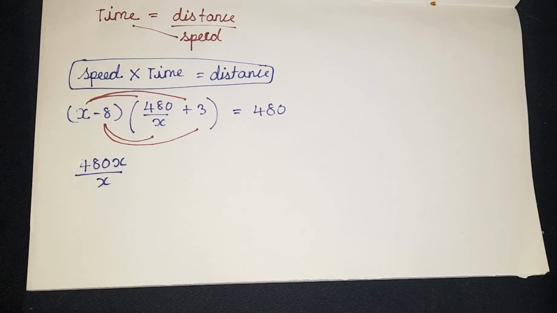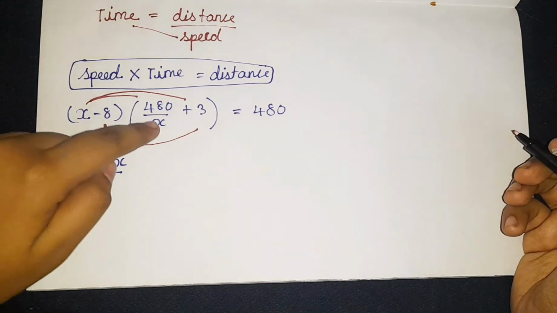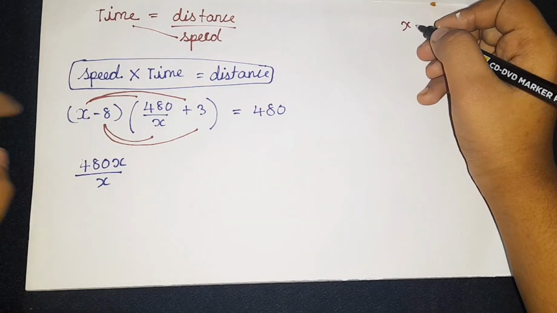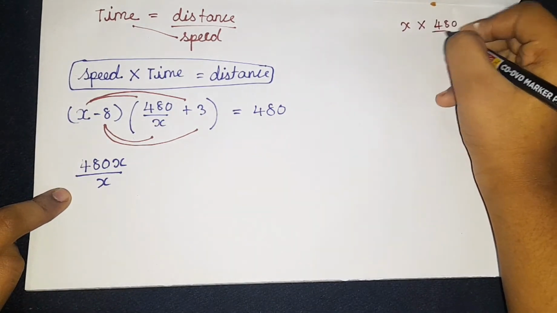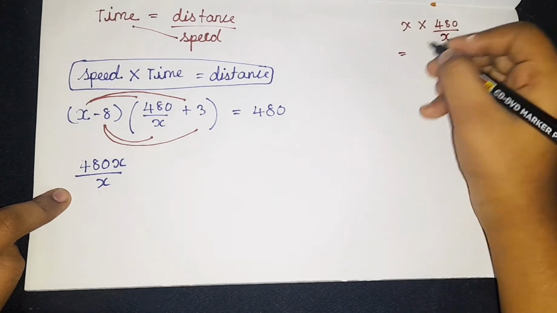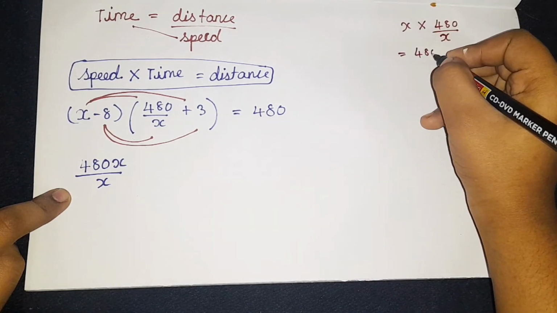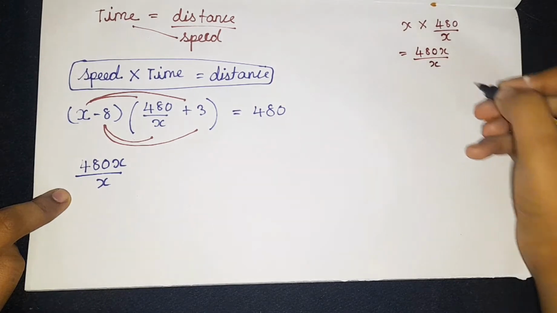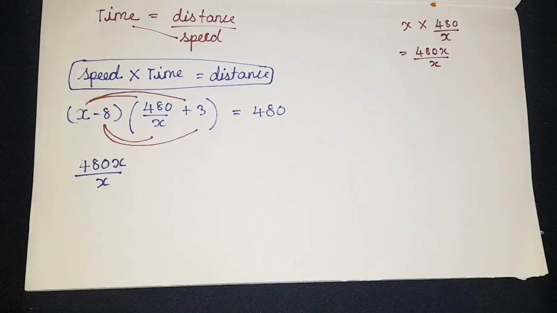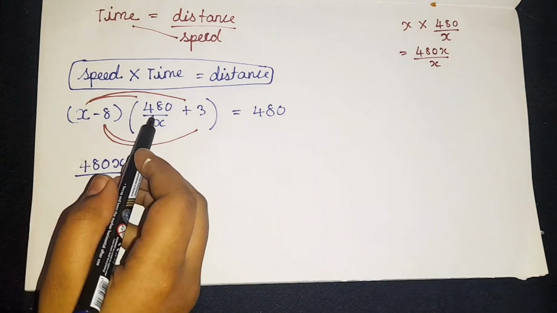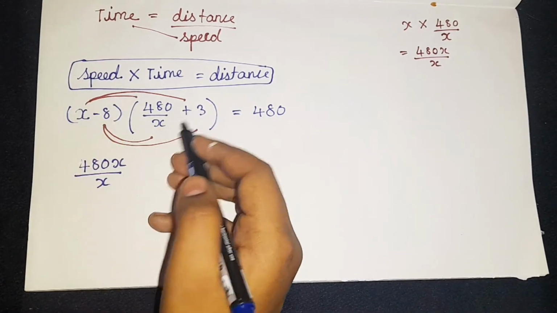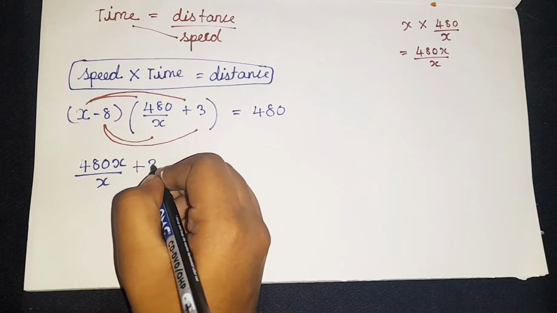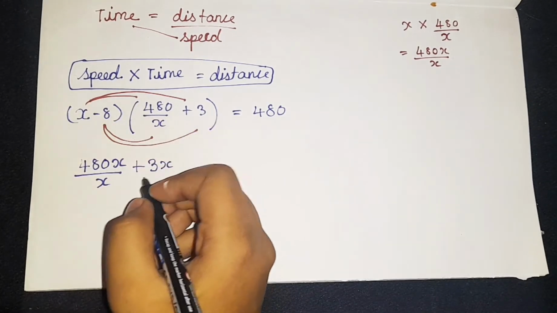Since we are doing x into 480 divided by x, 480 into x is 480x and divided by x, like this only I just got the value. Now we multiply x with 3. x into 3 is 3x, so it is plus 3x, because plus into plus is plus.